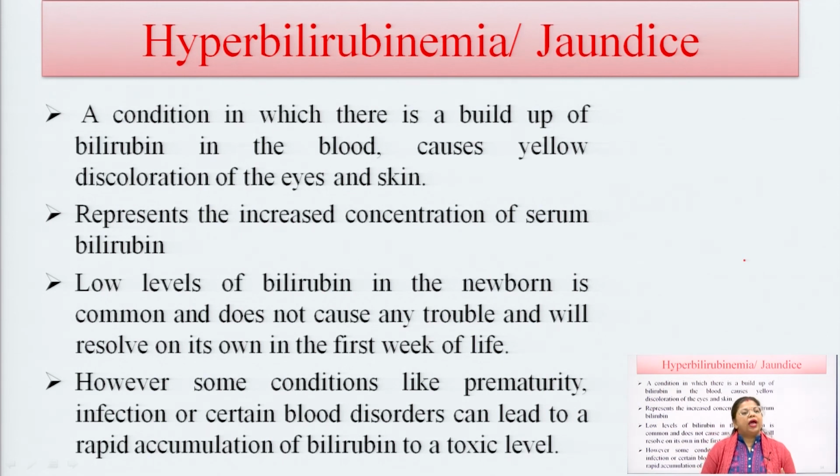Newborns normally have a high rate of jaundice because their liver is not mature enough for the catabolism of heme after birth, so bilirubin in the blood increases. That is why every newborn has a small amount of jaundice at birth.